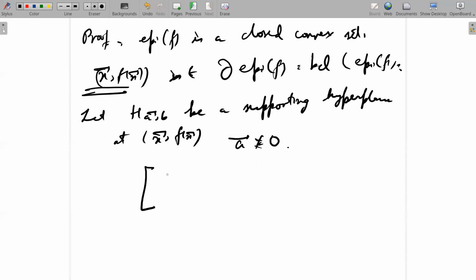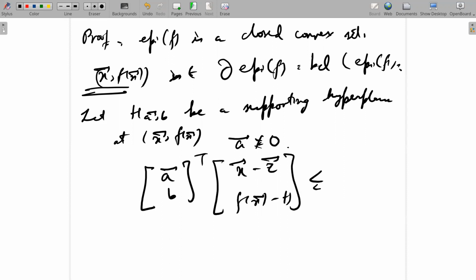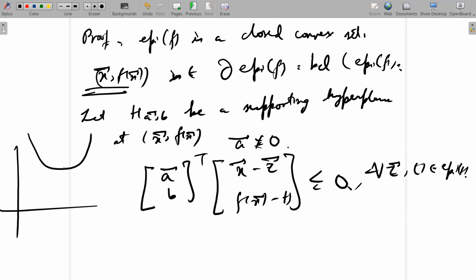Now, if we look at (a, b) as a vector, then (a, b) transpose times ((x, f(x)) minus (z, t)) is going to be less than or equal to 0, for all (z, t) belonging to the epigraph of f. Let's look at this pictorially. We have this convex set, the epigraph, and a boundary point here.